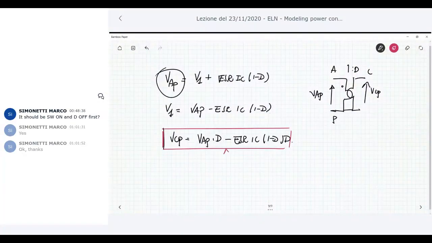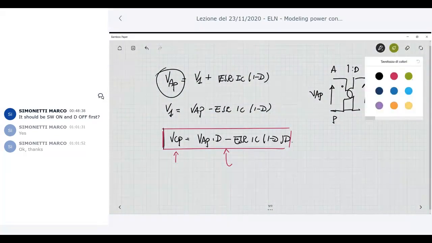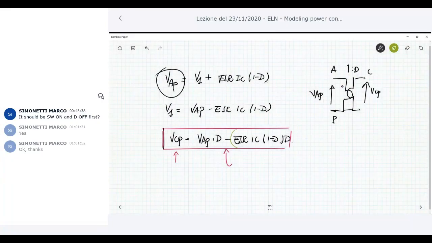Now, this expression we derived has an immediate circuital representation. It means that VCP is the summation of two quantities in series. The second part here is ESR (1 minus D) multiplied by D, which multiplies IC.